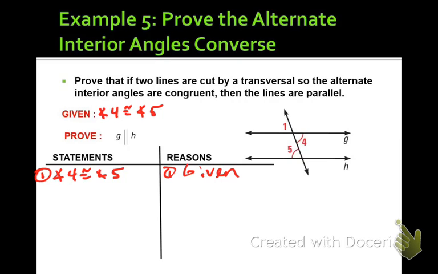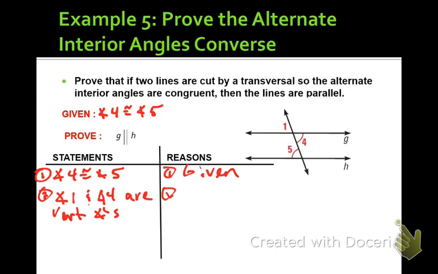If you look in the picture, angle 1 and angle 4 are what kind of angles? They are acute, but what kind of relationship do they have? Angle 1 and angle 4 are vertical angles, right?